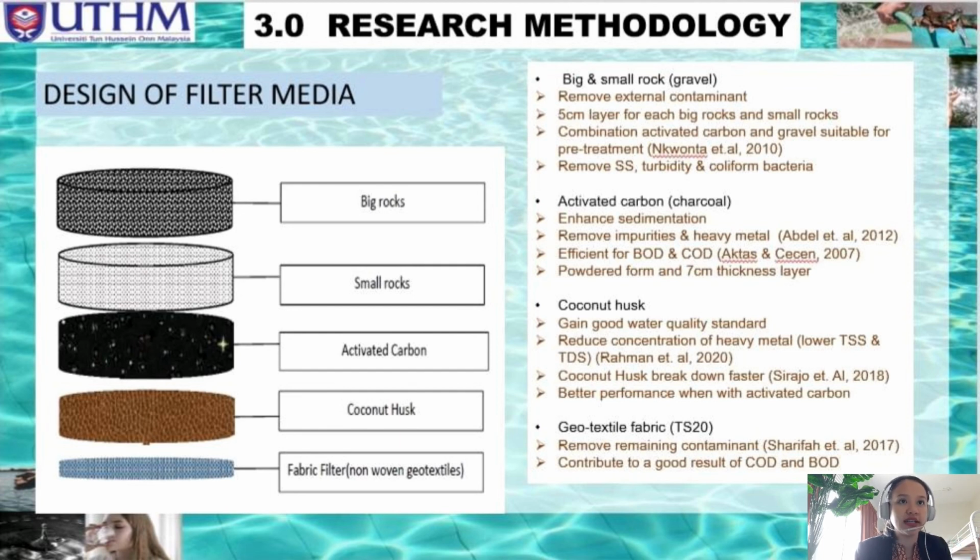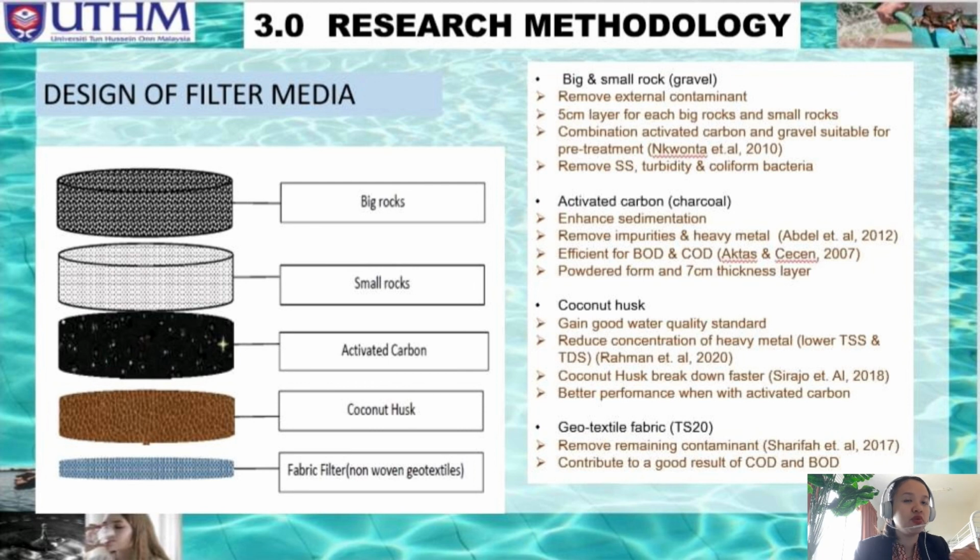They also act to remove external contaminants such as leaves, dust, and bird droppings. For the design of the filter media, the big and small rocks will be at the top layer, and each will have a 5 cm layer.